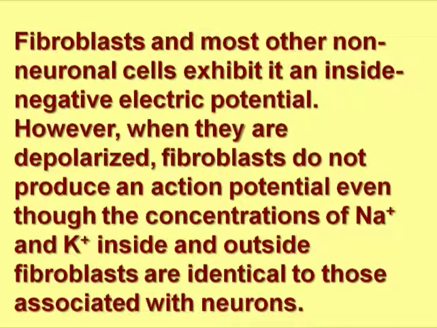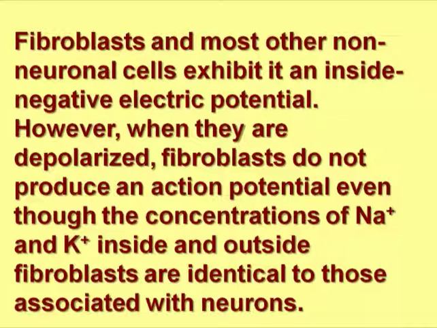Now the next question, when we talk about fibroblast cells, you might have come across, and normally all the cells, including the neurons, have a negative electric potential, as we have mentioned earlier, because of the high amount of proteins present inside the cells.